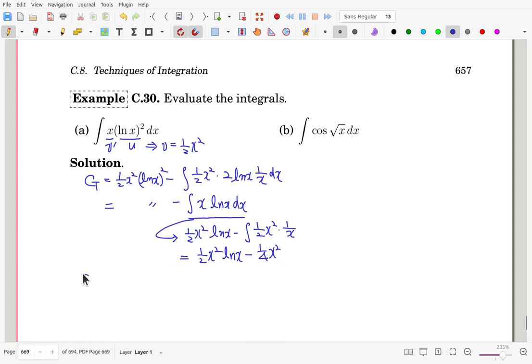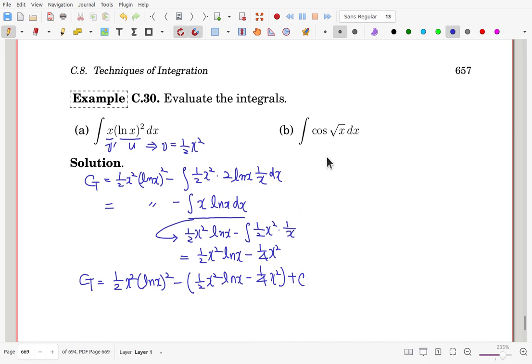So we can write down the final answer in this way: half x squared and logarithm of x squared, minus half x squared logarithm x, minus 1/4 x squared, plus c, right? That's the final answer.